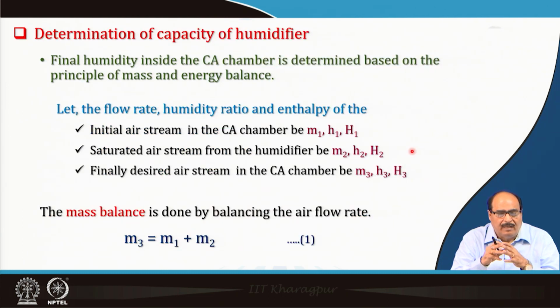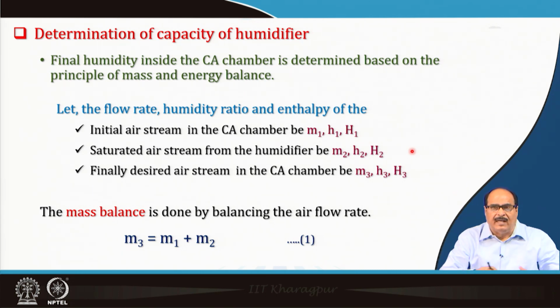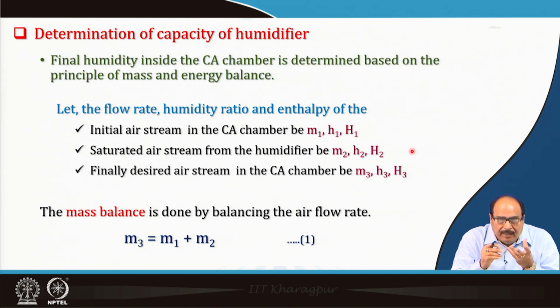One can calculate the capacity of the humidifier depending upon the room size, what the commodity is, and how much humidity level you want to have. So, one can find out what the capacity of the humidifier should be; the final capacity inside the CA chamber is determined based on the principle of mass and energy balance, here with simple equations.